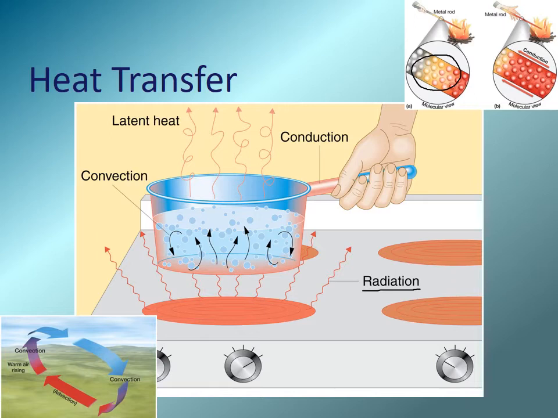Let's say you're boiling a pot of water and you see parts of that water rising up to the surface in the form of bubbles. We call that convection. So we have conduction, molecule by molecule. We have convection, and we have radiation. Convection is mass movement of fluid.